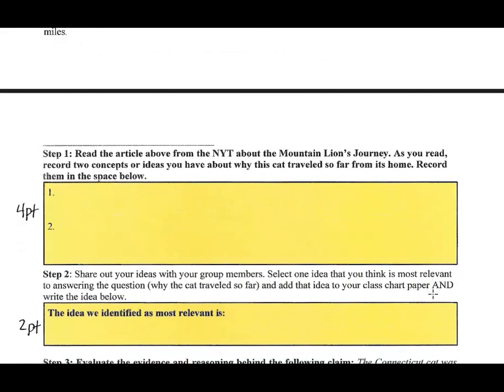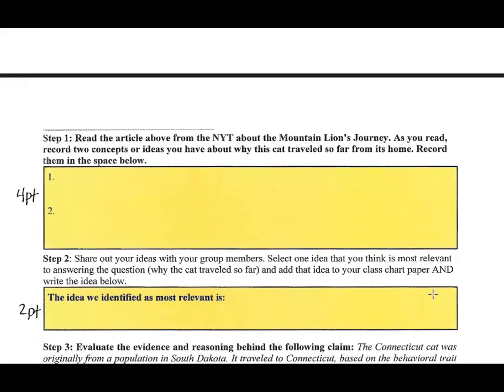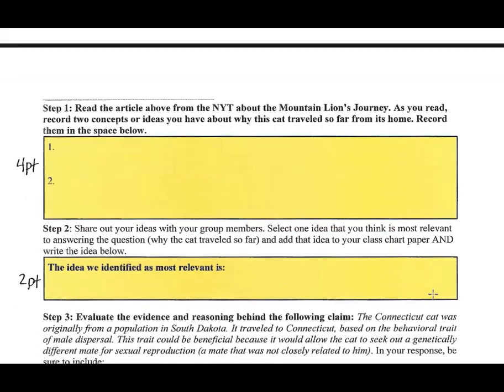Then you're going to share your ideas with other people in the room, and you're going to select one idea that is most relevant to answering the question, why the cat traveled so far. All right, we're not going to make a chart paper. We're just going to write it right here.